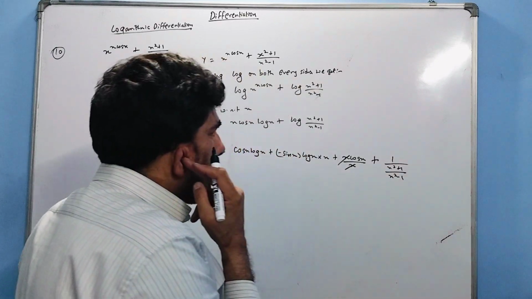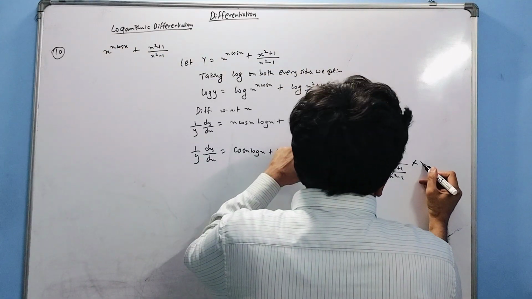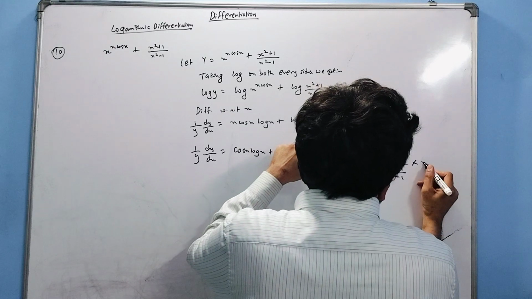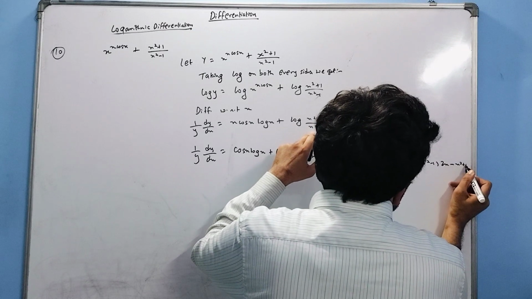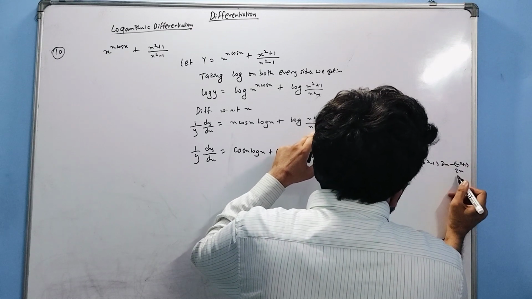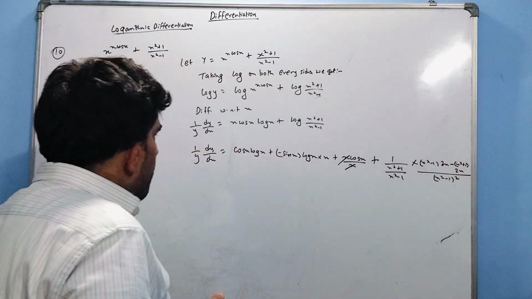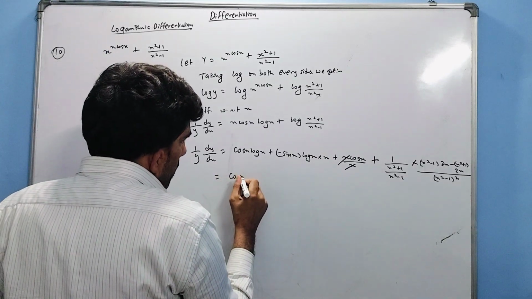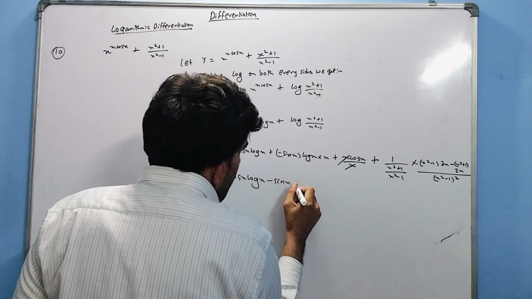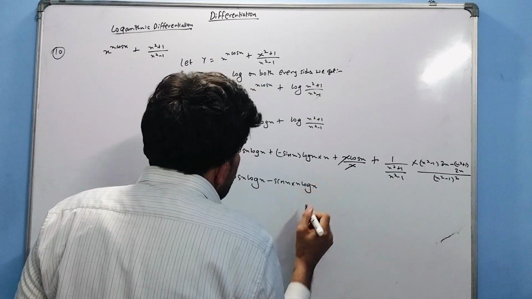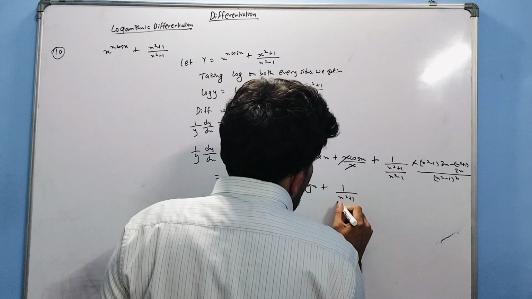Now the differentiation of this will be by the u by v rule. So v, that is x square minus 1, into the differentiation of u, which is 2x, minus x square plus 1 into 2x, upon x square minus 1 whole square. So now we have cos x log x minus sin x into x log x, plus 1 upon x square plus 1 upon x square minus 1.